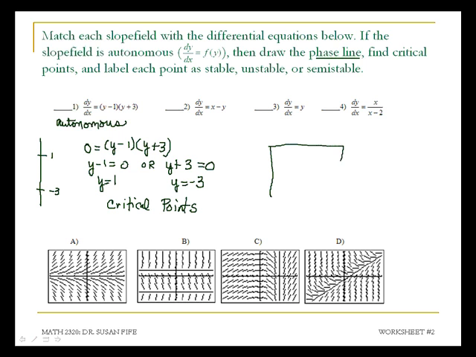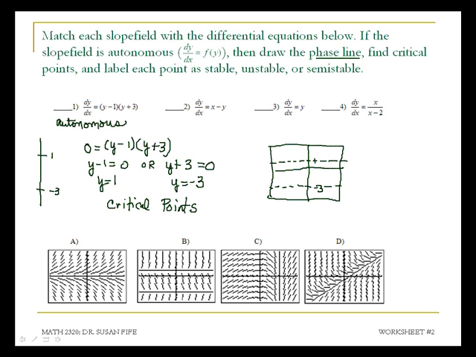On my phase portrait, I'm going to put my x and y axis kind of in the middle, and y equals negative 3 I'll put down here, y equals 1 about here, and I know that my slope is 0 at both of these points. So I'll go across. That's at 1. Those are horizontal line segments at negative 3, right there.